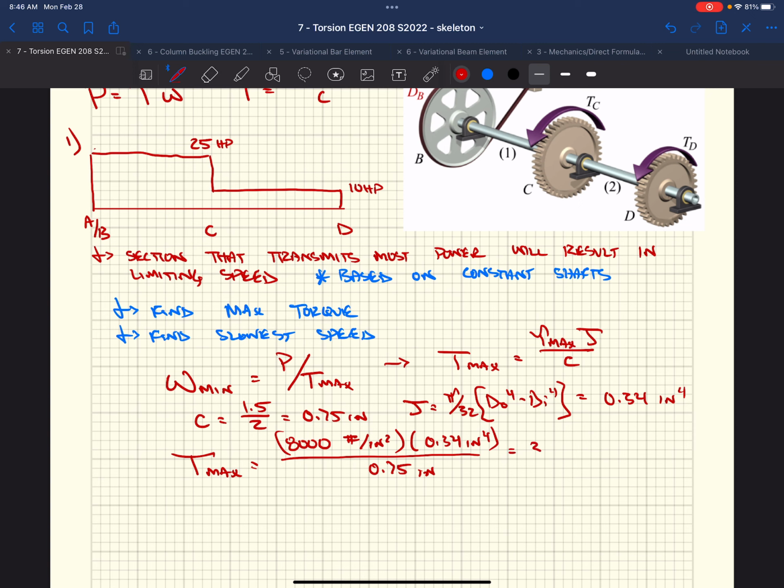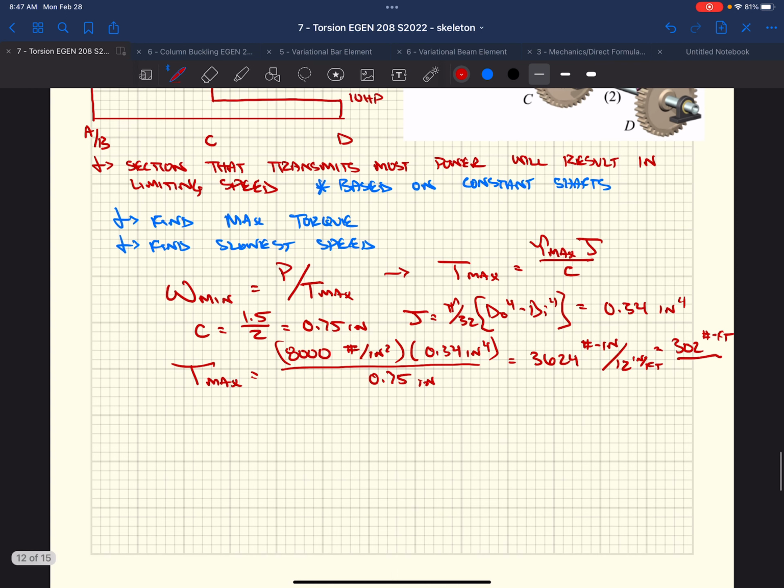We get 3624 pound inches if we follow units. If we divide this by 12 inches per foot, we get 302 pound feet. So that is the maximum amount of torque you could apply to either one of these shafts, and you would reach your maximum shear stress.